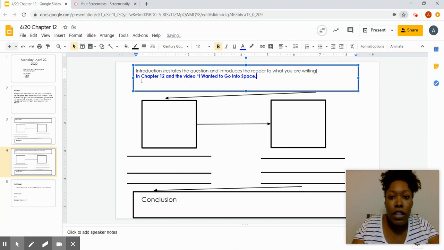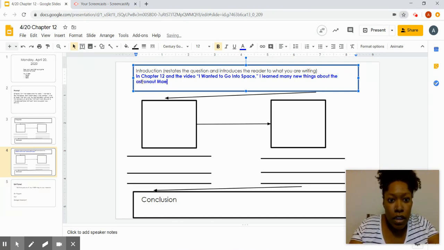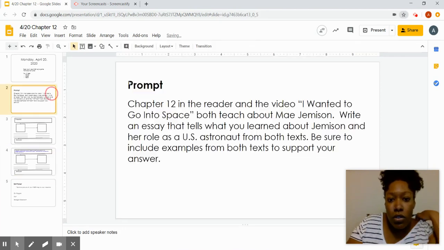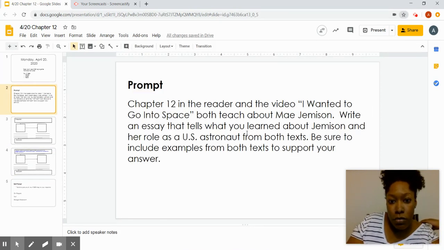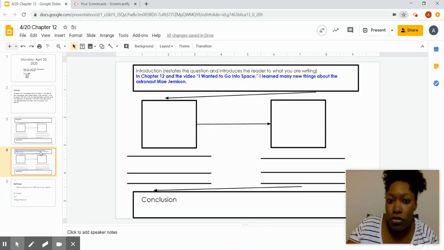And remember, it said they wanted to know about what we learned. So I'm going to say, I learned many new things about astronaut Mae Jemison. And I can say that she's an astronaut because it told us in the prompt that she was an astronaut. So it's okay to put that in my introduction.